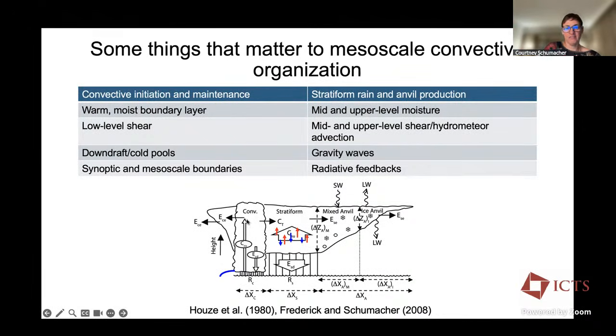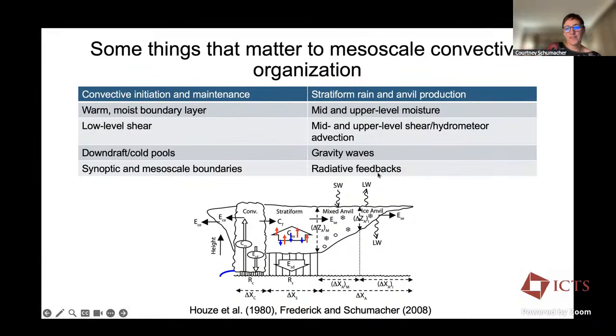Gravity waves. The convection can act like when you throw a rock in a pond and the ripples go out. This is what convection is doing to the atmosphere. You have the strong updraft, it displaces mass, and that causes these ripples in the atmosphere. This is what these are supposed to represent: gravity waves in the stratiform region that can then help kickstart some of those depositional growth processes.